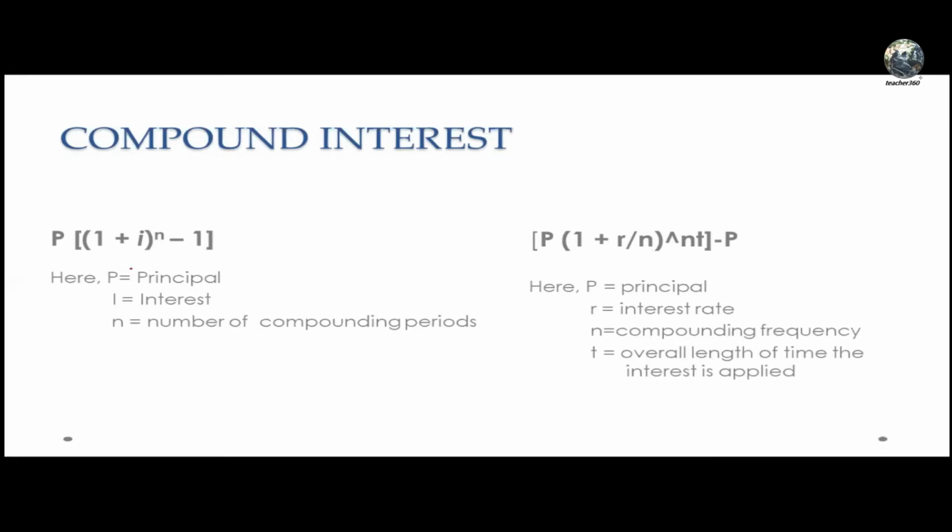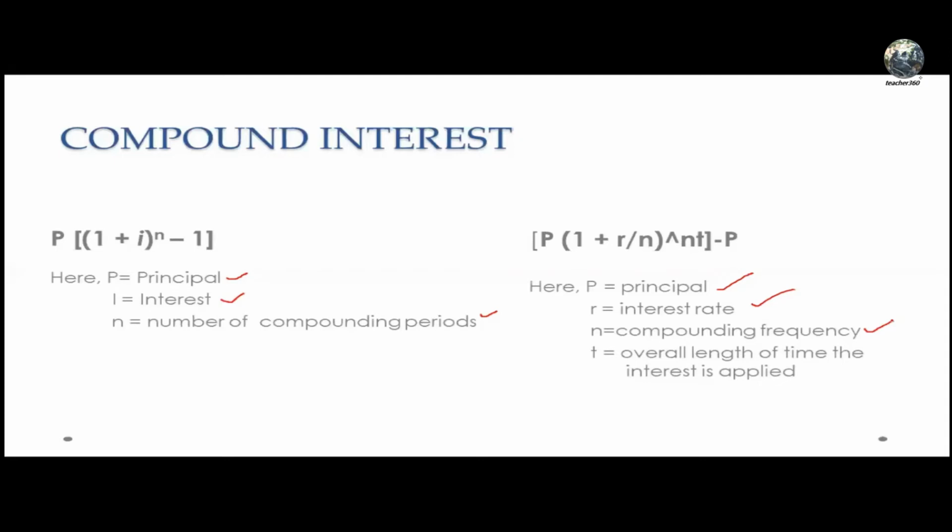The first formula: P is principal, I is interest, N is number of compounding periods. In the second formula, similarly, P is principal, R is interest rate, N is compounding frequency. Suppose you have deposited your $1,000 in a bank which will pay you 10% interest semi-annually.